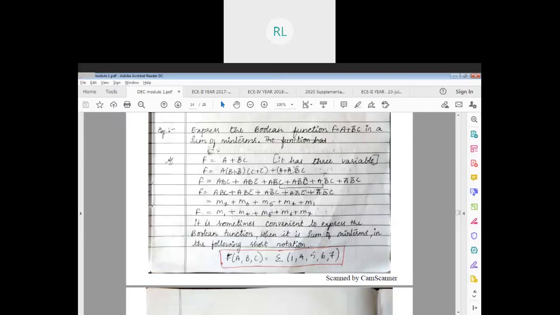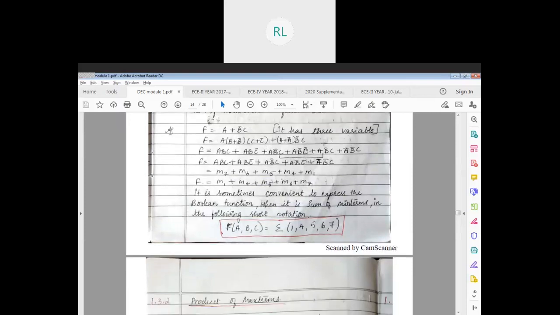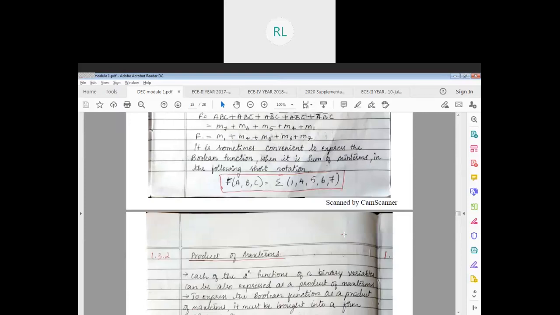Similarly here, if I have to bring this a plus b bar c into its standard form, I will have to use the other remaining alphabets left out by using b plus b bar, c plus c bar. Okay, so in this way I get a, b and c, and similarly here, since a is missing out, I use a. So in this way I can actually rearrange and get my standard form or canonical form.